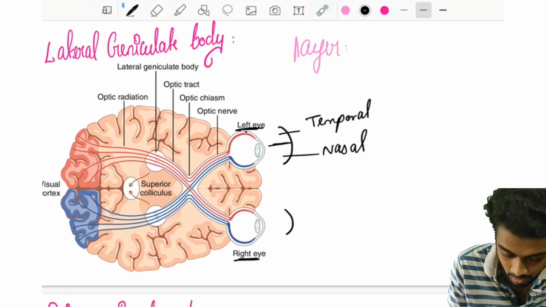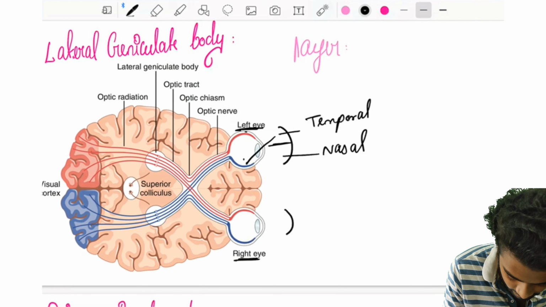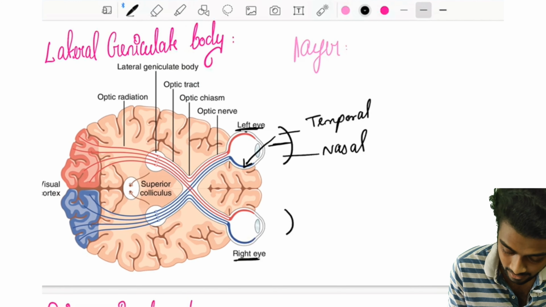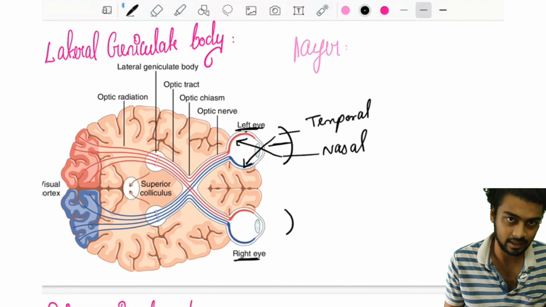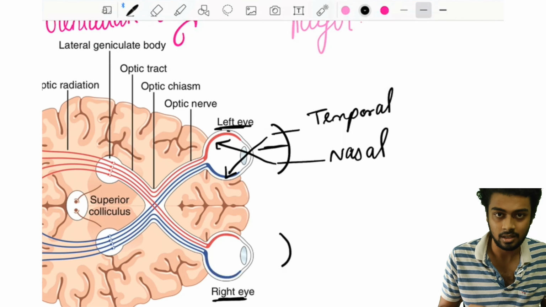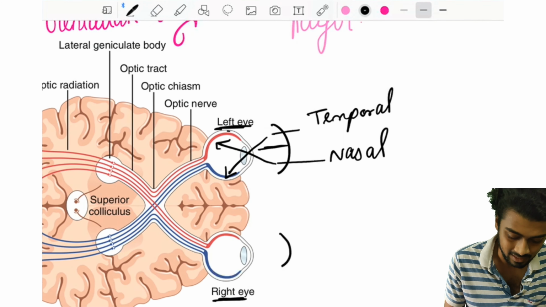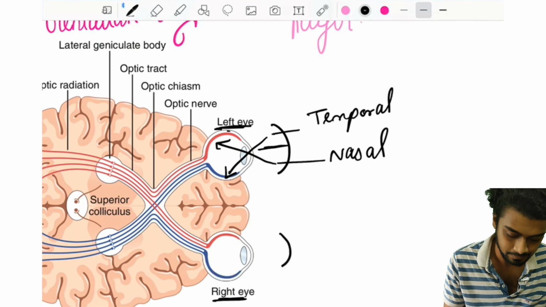The temporal half of visual field is taken by the nasal half of the retina, while the nasal half of visual field is taken by the temporal half of retina, guys. Okay, be crystal clear in this concept. Temporal half is taken by the nasal retina and nasal half is taken by the temporal retina.